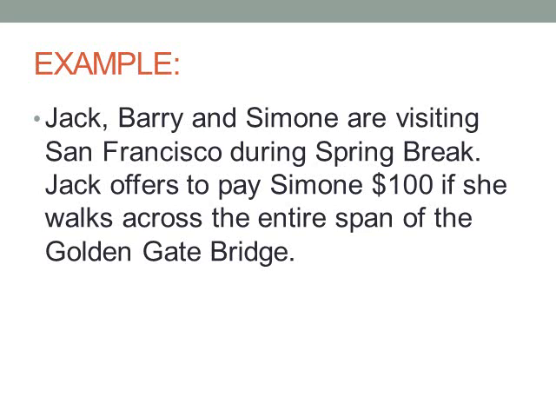And what type of contract do they have? Well, they do have a contract, and because she simply walks across the bridge, that's a unilateral contract. Performance. She has to walk across the entire span of Golden Gate Bridge, so it's a unilateral contract.